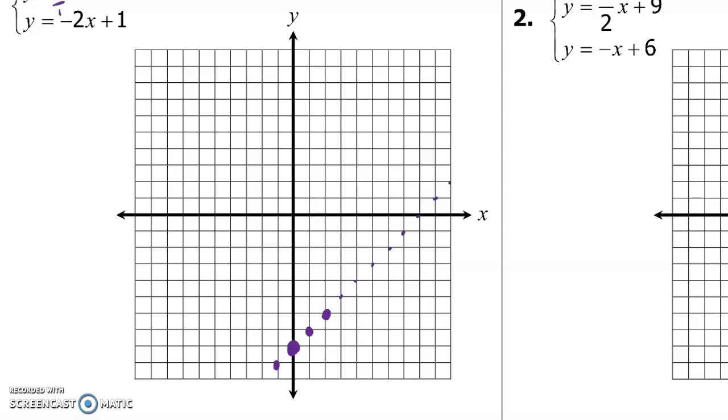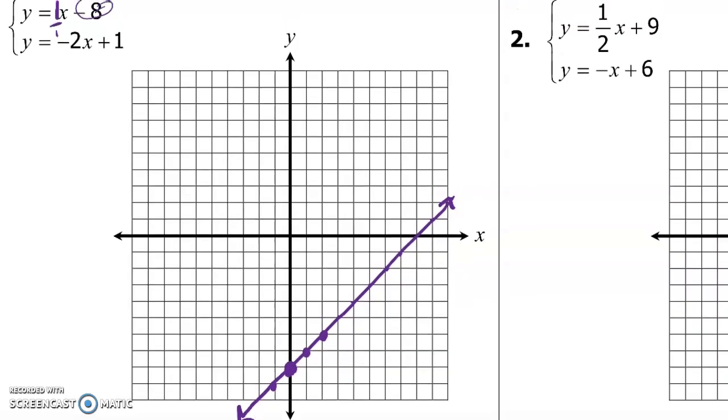Okay, you do have to draw the lines. So some people wait to draw the lines until they know where they cross, which you can do, but you do have to draw the lines. All right, our bottom equation, y equals negative 2x plus 1, means I start up 1 for my y-intercept. And then my slope is down 2 and right 1.